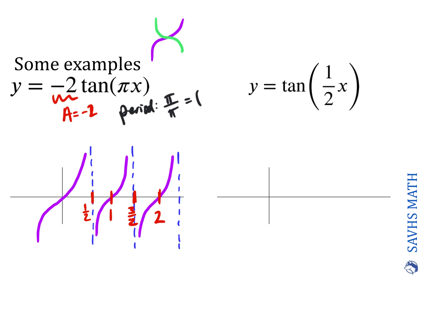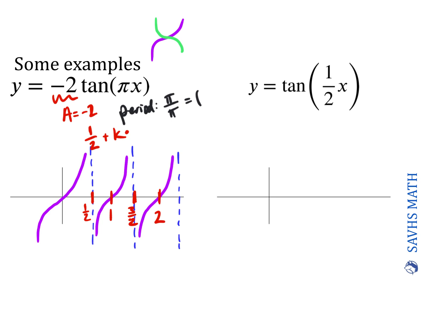So what I just learned is that without any horizontal translations and all that stuff, the asymptotes are happening halfway through each period. You can think about that from that perspective. We can take our period and divide by 2, and then we add multiples of that period.